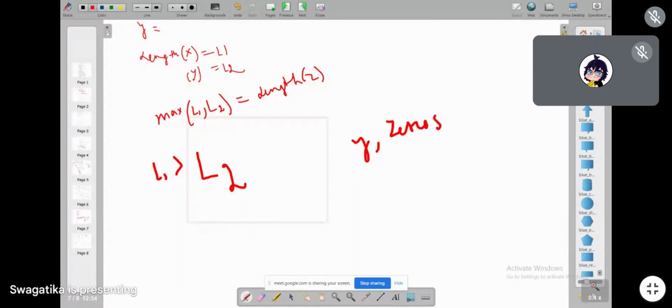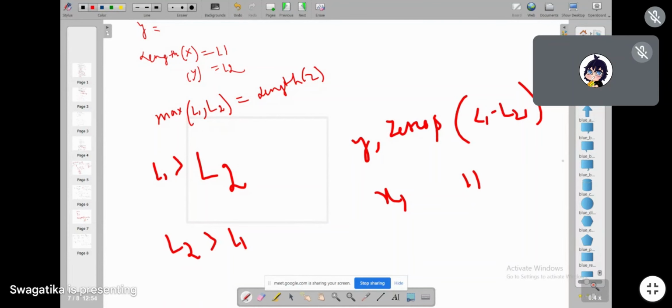How many zeros? L1 minus L2. And the other case, if L2 is greater than L1, then zeros will be added in x, L2 minus L1. Okay. Now zero padding done.